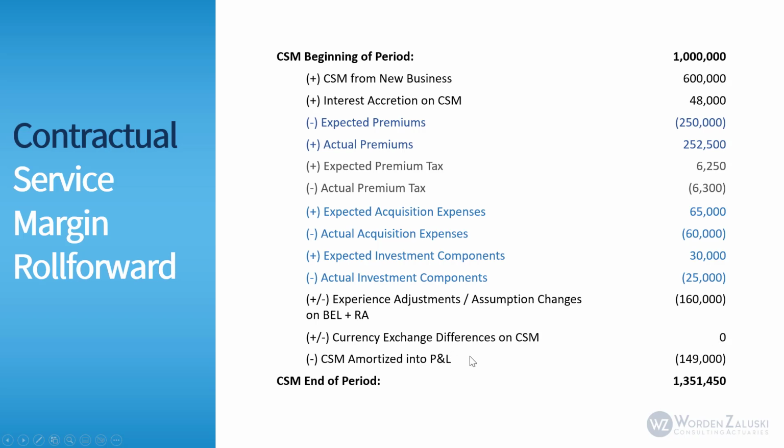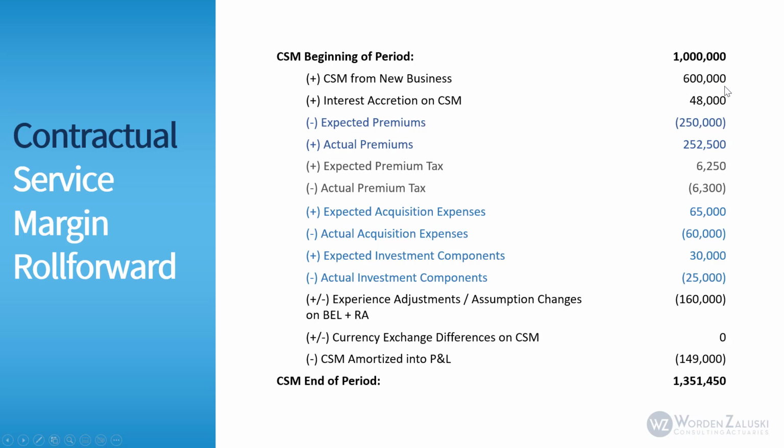And then finally, we need to amortize some of our CSM balance into income. And this would represent the CSM that is earned in the period and will show up on the profit and loss or in our income statement. And in this case, we have $149,000 that is being amortized. And that brings our ending CSM balance to $1,351,450.